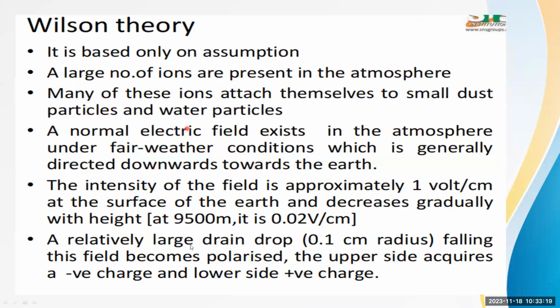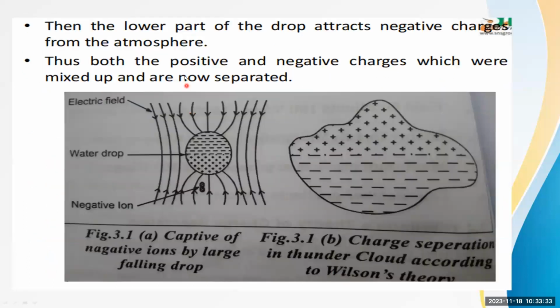So the relatively large raindrop of 0.1 centimeter radius falling in this field becomes polarized. The upper side acquires negative charges and the lower side acquires positive charges. The lower part of the drop, being positive, attracts negative ions from the atmosphere, from the ground.